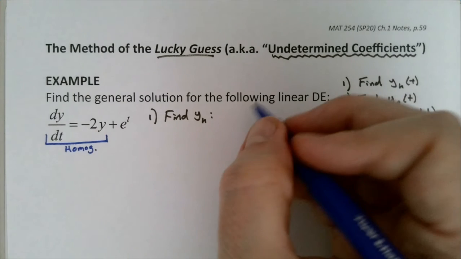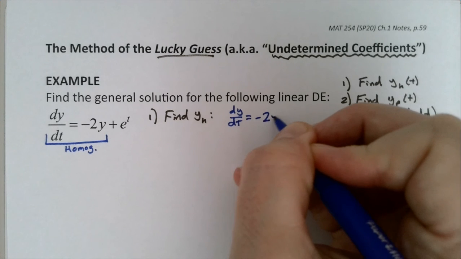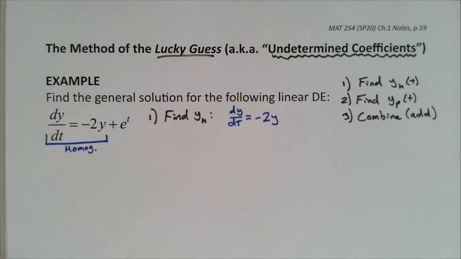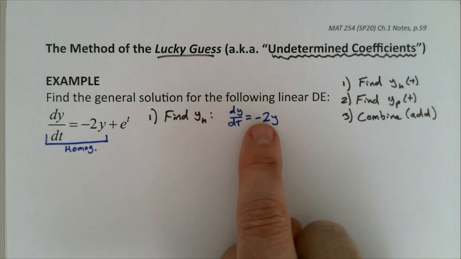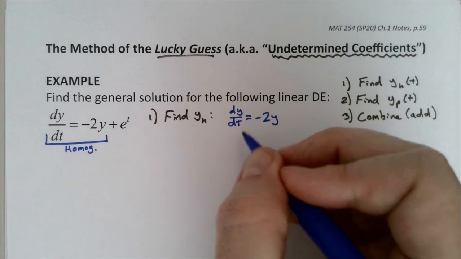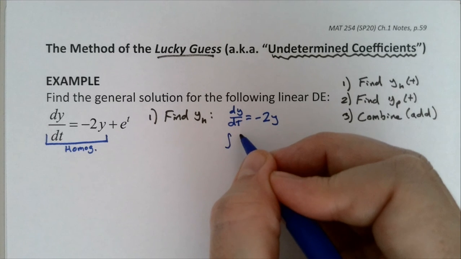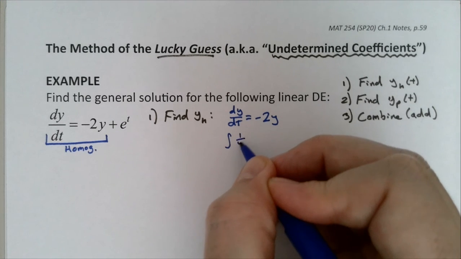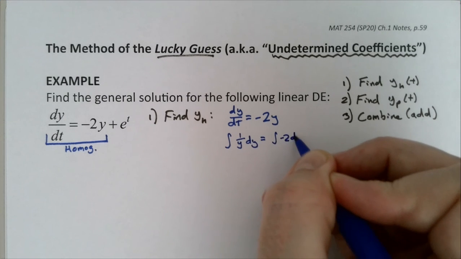If you were dealing with the equation dy dt equals negative 2y, I hope you can see this and go, oh wait a minute, that's just like one of those exponential decay problems from way back in the beginning of chapter 1. If you need to, you can integrate both sides and move the y to the other side, and you would integrate 1 over y dy equals the integral of negative 2 dt.